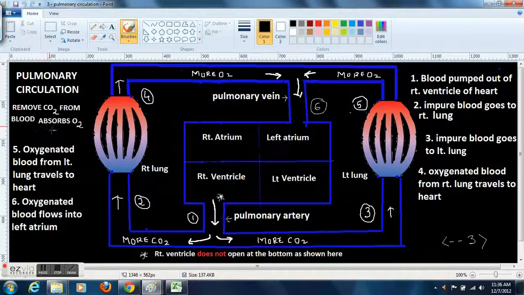First let us see the diagram first. Here I have shown right lung and left lung. Of course right lung you can see on your left because you are facing the heart. So everywhere whatever you see on your left side is actually right, and whatever you see on your right side is your left. So what I will do is, in the next tutorial I will discuss in details about pulmonary circulation.